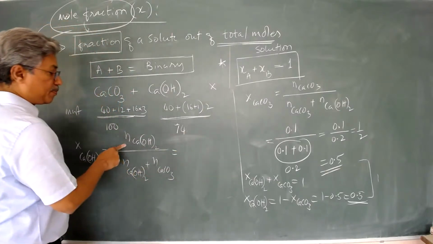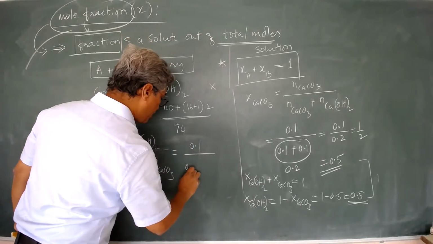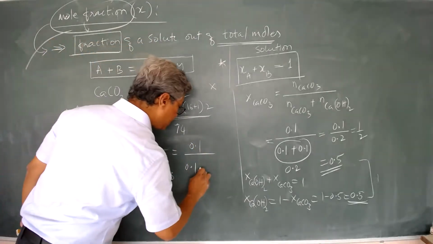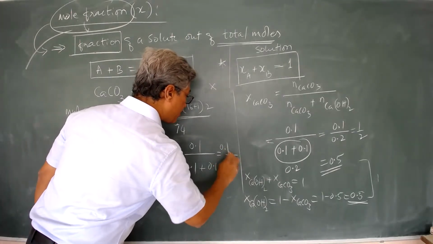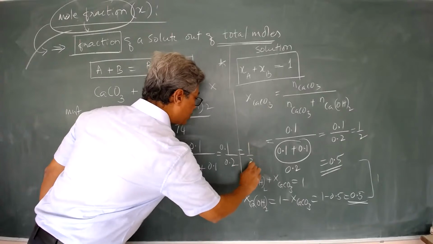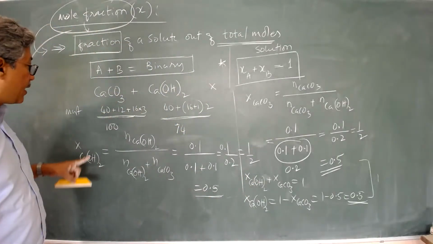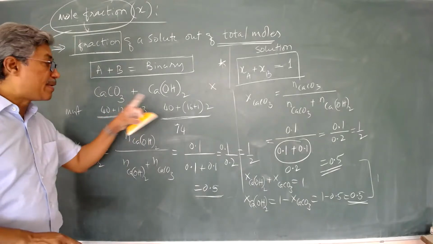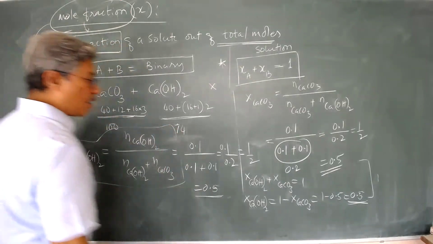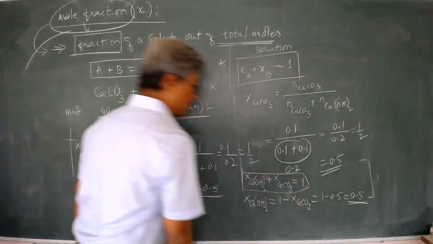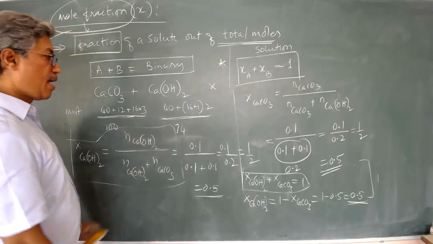How much is it? The number of moles of Ca(OH)2 was 0.1, divided by 0.1 plus 0.1, which is 0.1 divided by 0.2, or 1 by 2, or once again 0.5. So either you calculate the mole fraction of the remaining substance by the usual method or by this method. The sum of the mole fractions is always equal to 1. Is it clear? Okay.